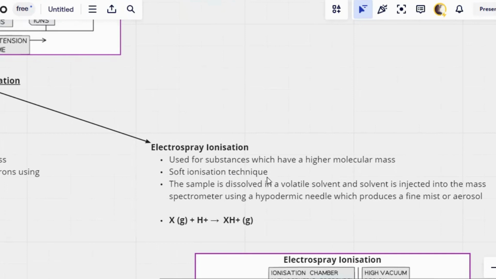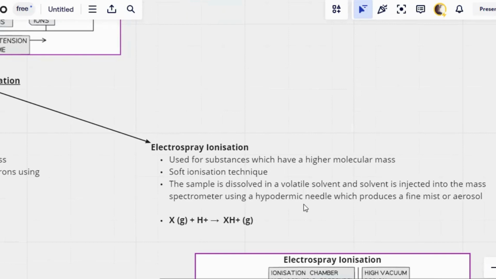For this method, the sample is dissolved in a volatile solvent, and the solution is then injected into the mass spectrometer using a hypodermic needle. That hypodermic needle produces a fine mist or an aerosol, and the needle is attached to a high voltage supply.